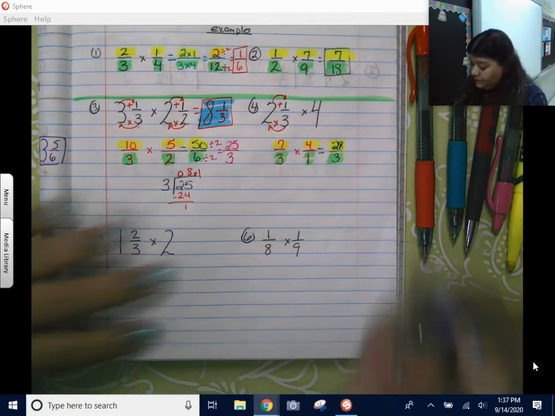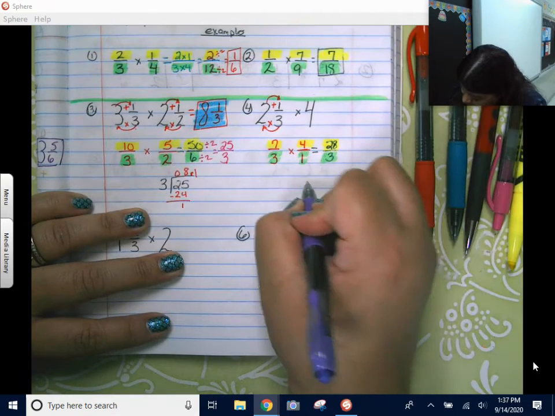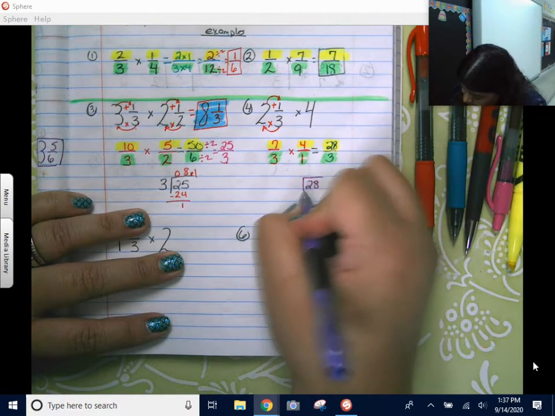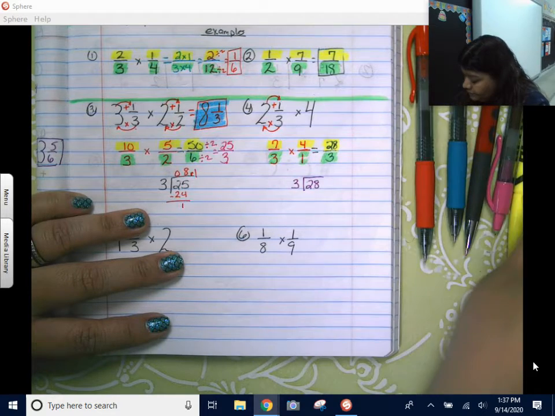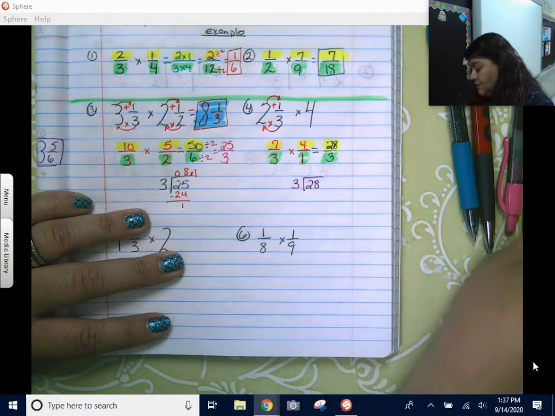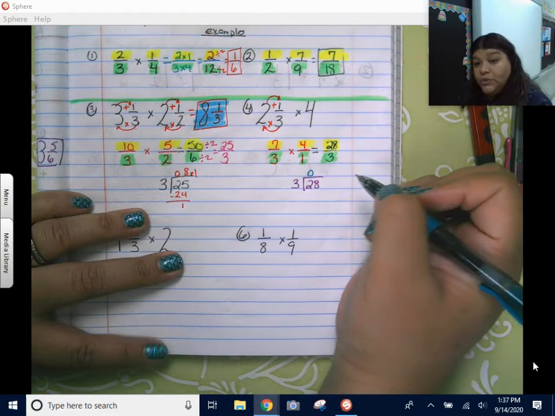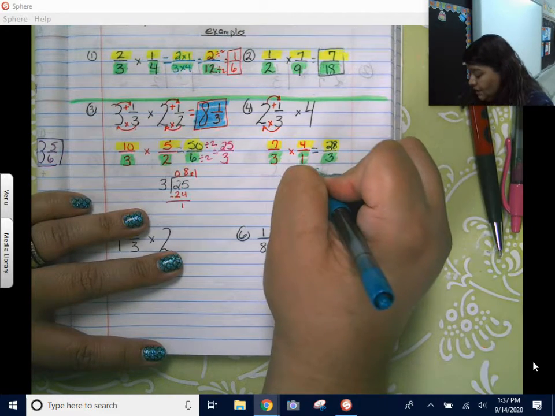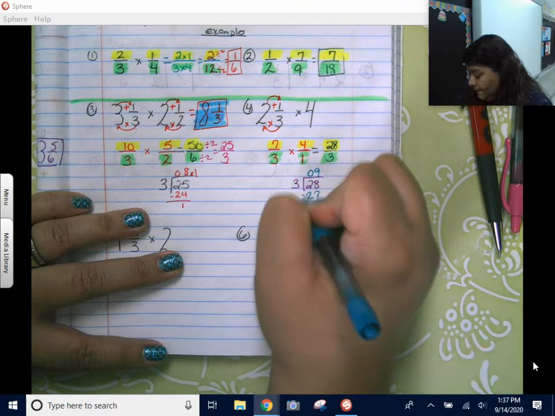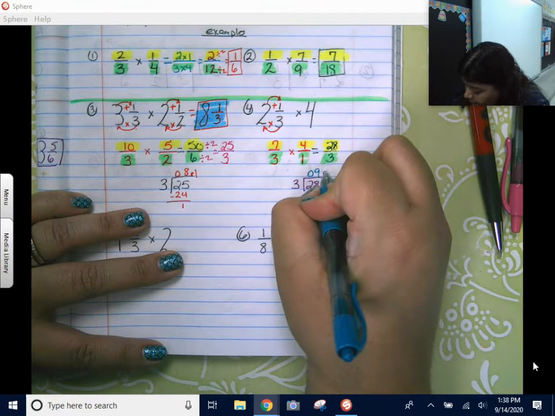So I'm going to go ahead and now divide my problem. So 28 goes inside, 3 stays outside. 3 cannot go into 2, so there's my placeholder. 3 into 28, 9 times. And you have a remainder of 1.